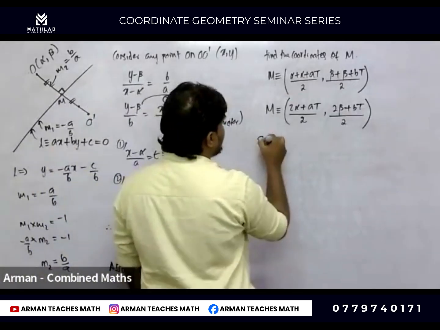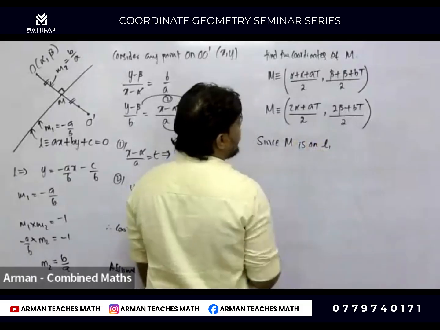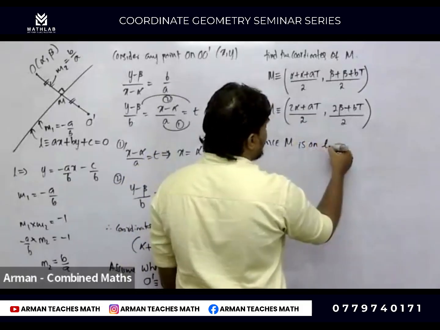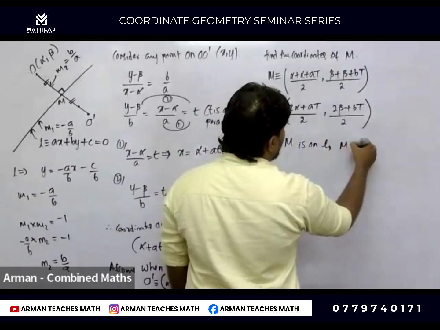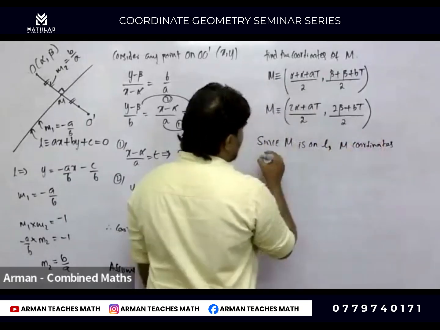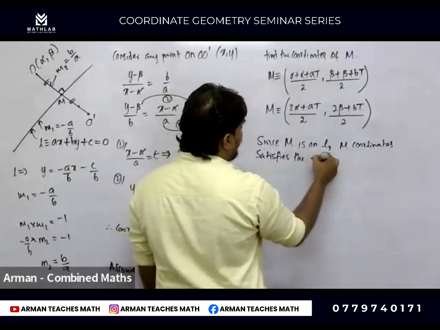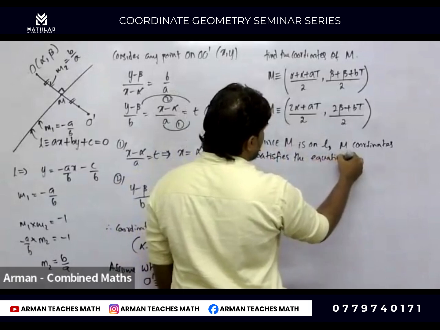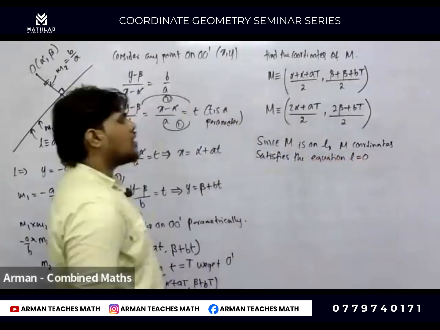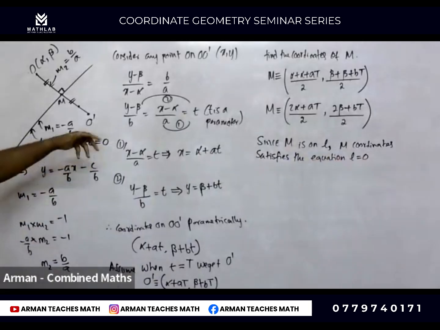So I can write, since capital M is on L, M coordinates satisfy the equation L equals 0, which means ax plus by plus c equals 0.